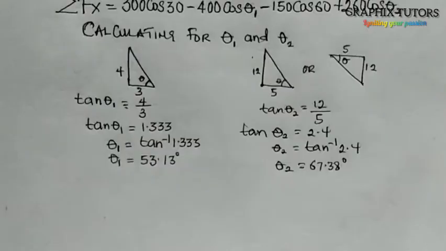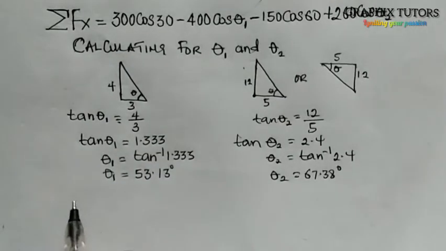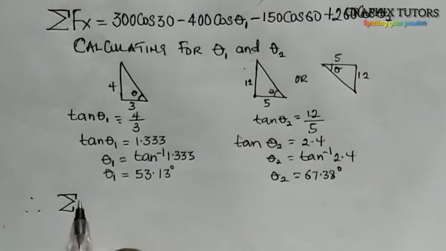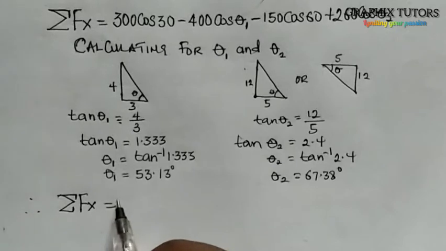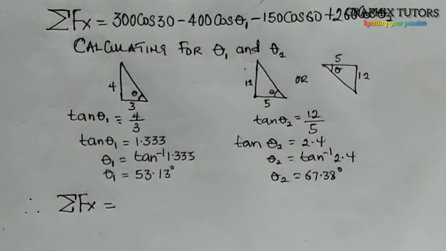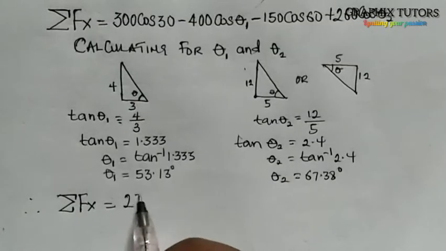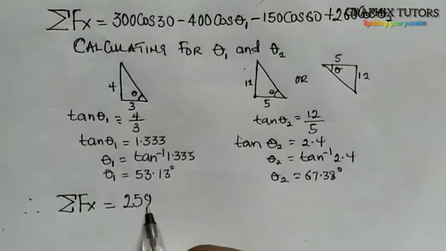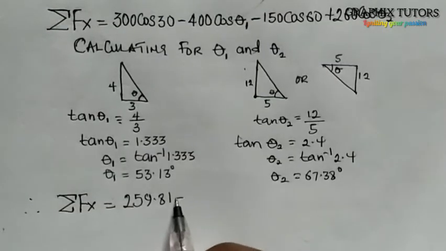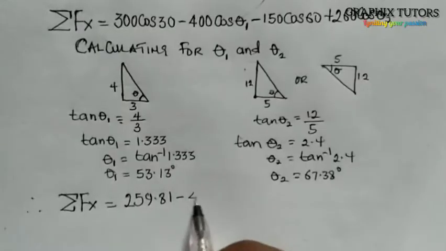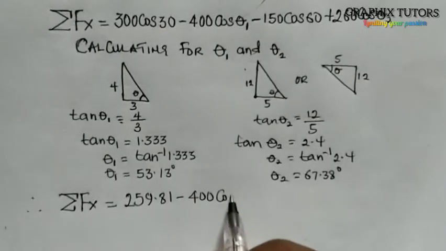So we'll go upward, and we'll say that therefore the summation of f of x will now give us 300 cos 30, that'll give me 259.81, minus 400 cos theta 1.